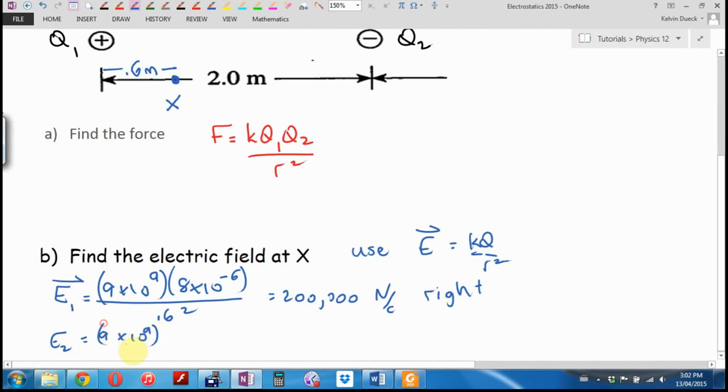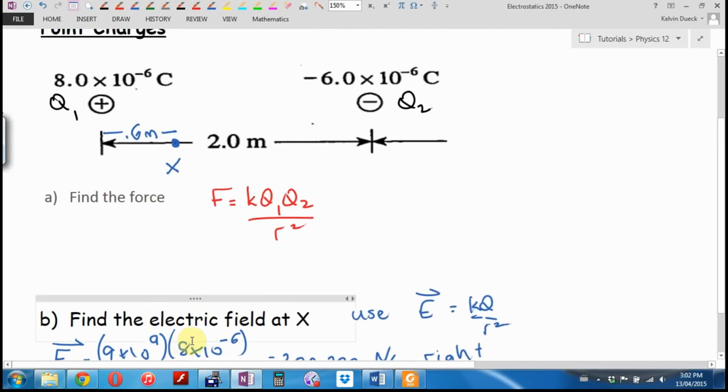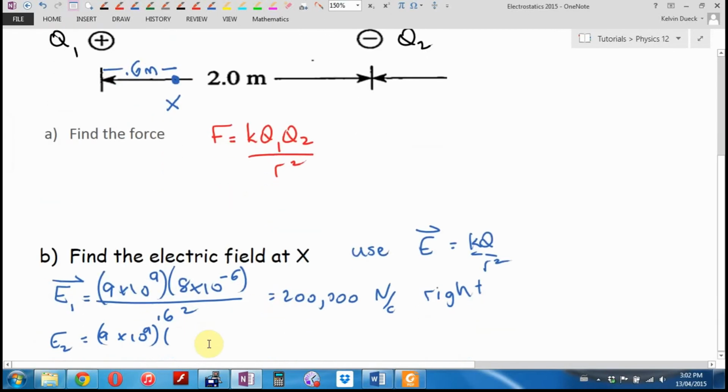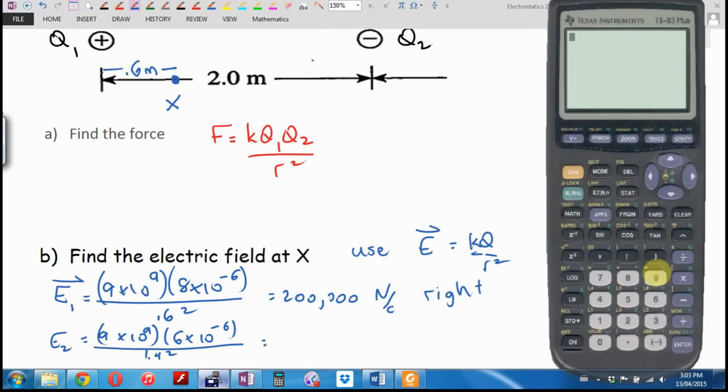Then I would find the electric field from charge 2, which is going to be 9 times 10 to the 9th. Charge 2, it's negative 10 to the negative 6. Am I going to put the negative in here? No. 6 times 10 to the negative 6, all over its distance, well, if that's 0.6 and the whole thing is 1.4 squared, no way this will work out evenly. 9 times 10 to the 9th, 6 times 10 to the negative 6 divided by 1.4 squared.